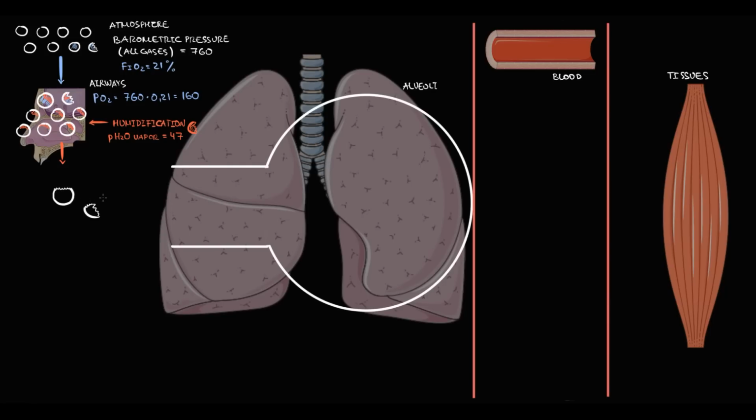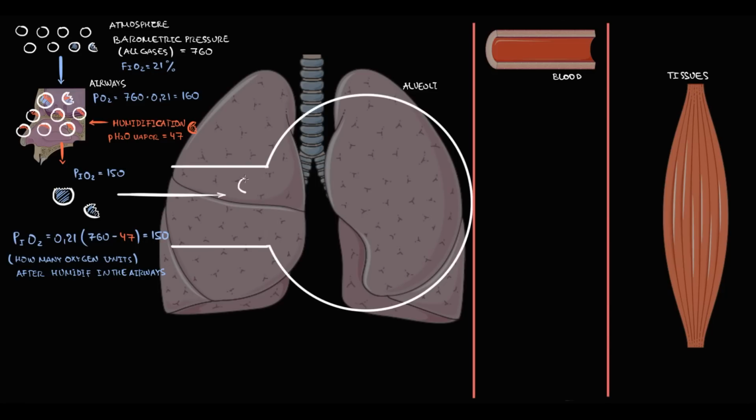The actual amount of oxygen after humidification we call pressure of oxygen in inspired air. And as we calculate it, we get 150, which is the value that you saw in the formula. Exactly this amount of oxygen in normal conditions goes to the alveoli.